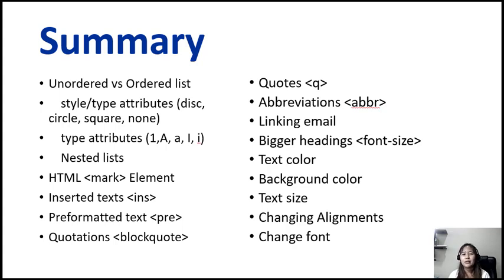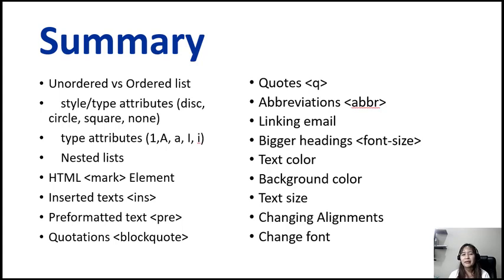We also learned how to do nested lists on these two. Okay, so using unordered and ordered lists, and at some point in the video, I even challenged you to mix ordered and unordered lists into your sample or your working HTML file.